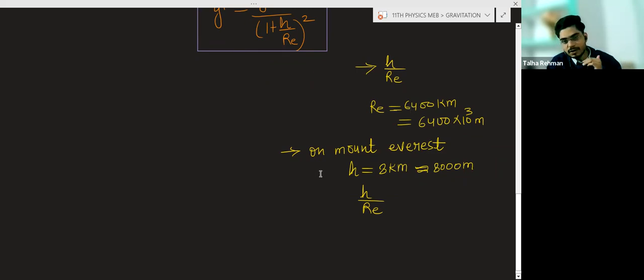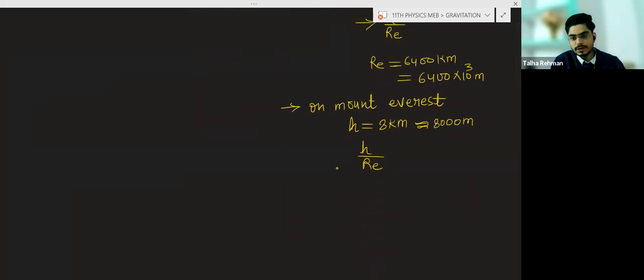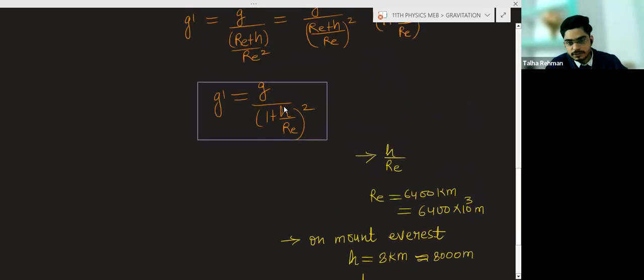So you can say this H by RE will be approximately equal to 0. This value will be 0.000 something, so approximately equal to 0.